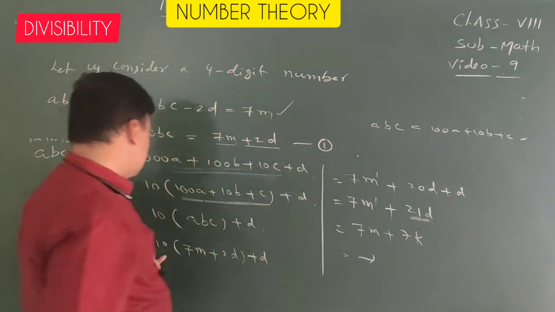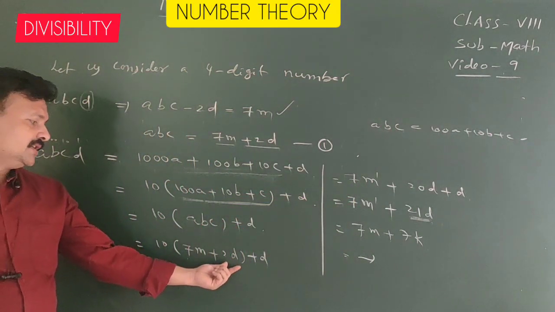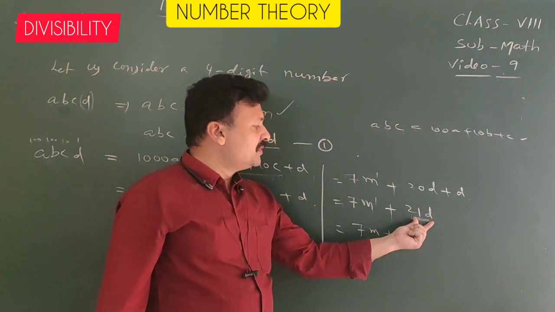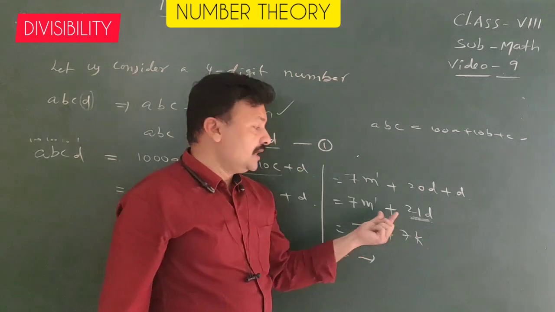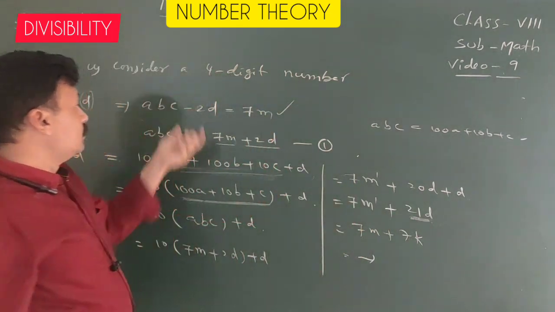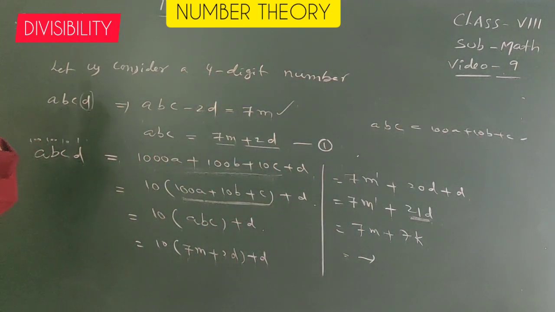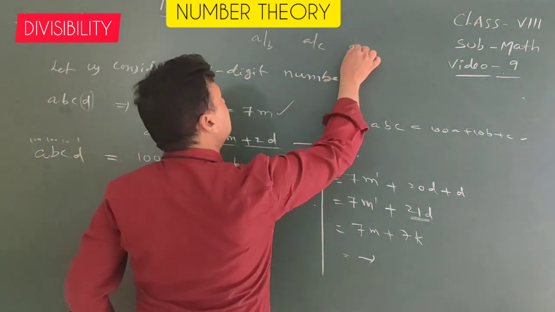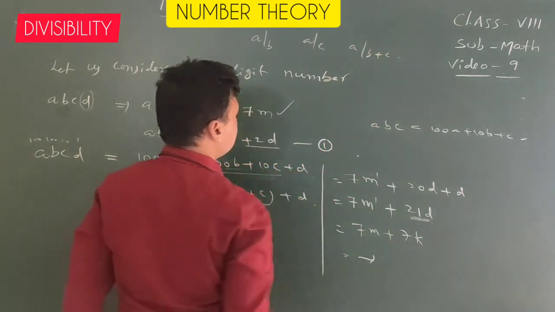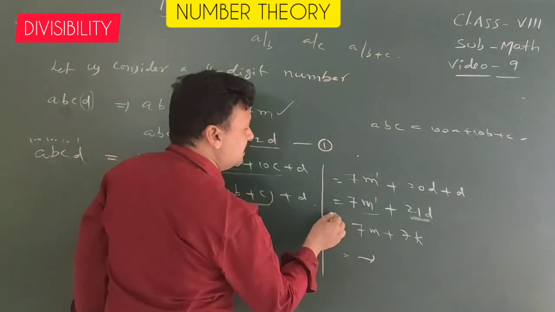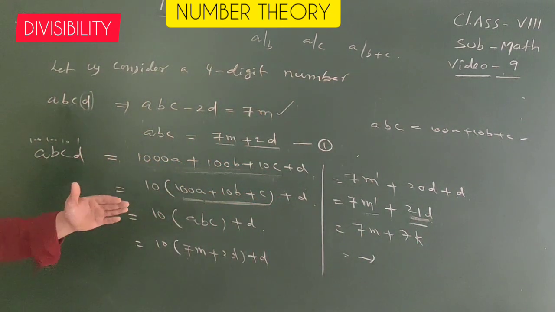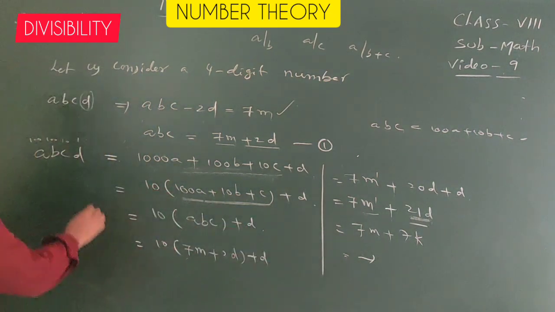Next, 10 into 2D is 20D, plus D, 21D. So 21 is also a multiple of 7. Already I explained this at the time of divisibility rules: if A divides B and A divides C, then A divides B plus C. So here 7 divides the first one, 7 divides the second one, so 7 divides the total number.